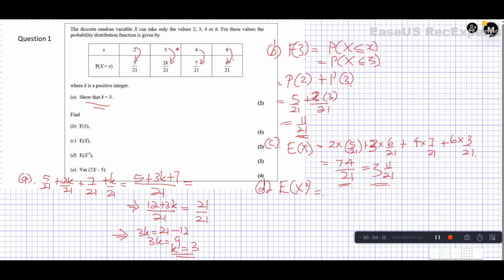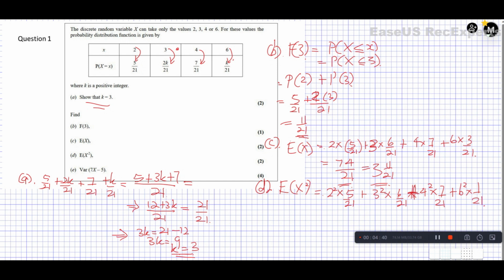So 2 squared times 5 over 21 plus 3 squared times 6 over 21 plus 4 squared times 7 over 21 plus 6 squared times 1 over 21.